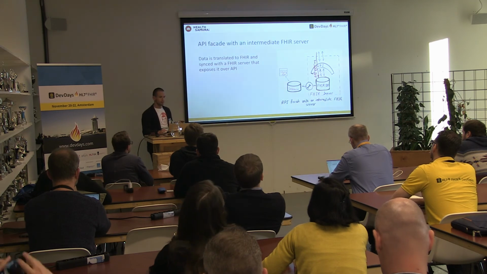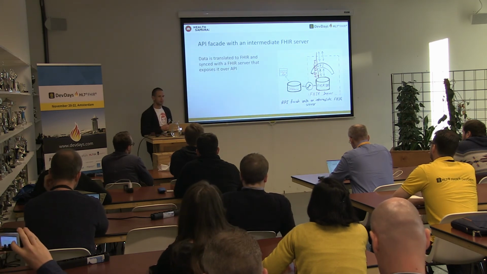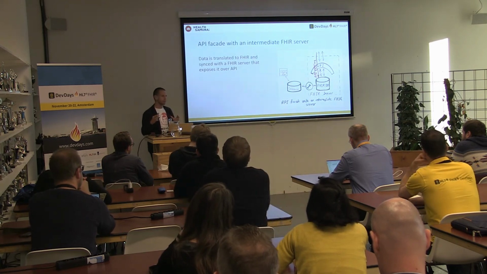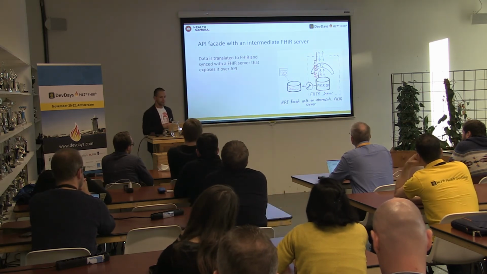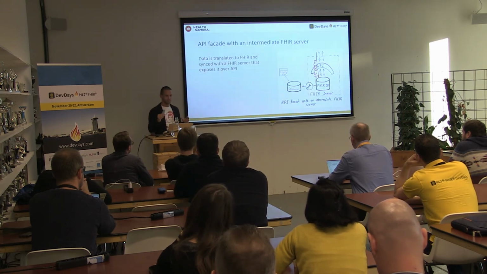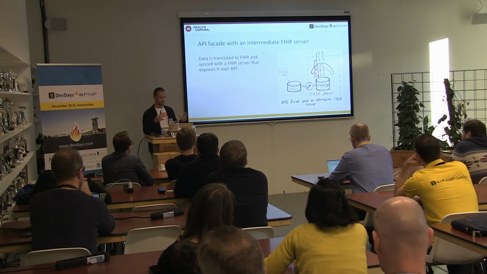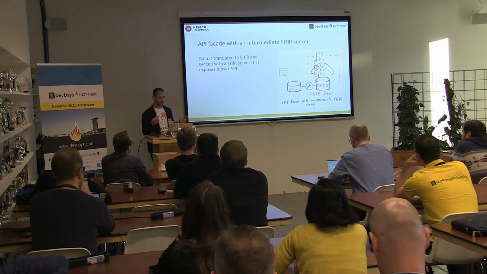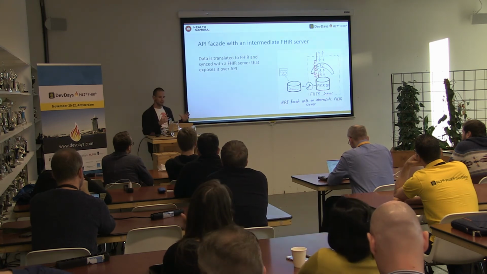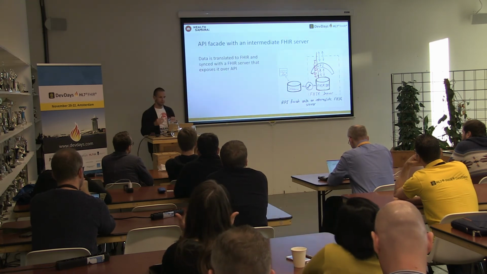So here we come to the second approach to building an API facade: using an intermediary FHIR server for storing the data. So you use a FHIR server which implements the whole FHIR API specification, all operations, and you have synchronization between the legacy system and your FHIR server.